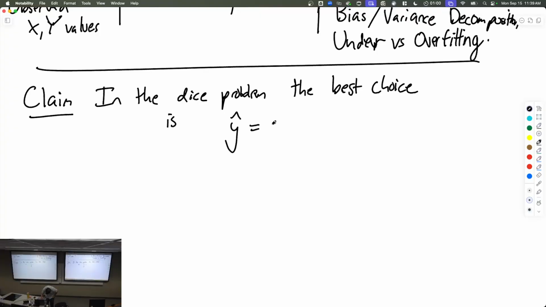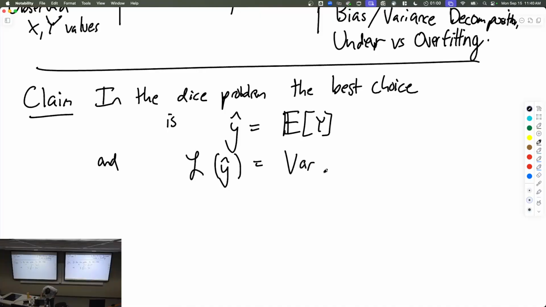You all knew it: y hat is the average value of the dice. And the loss function at this point is the variance of y. So what this is saying is the best thing you can do in the warm-up problem for today is exactly what you did. Guess the average of the dice. For a 6-sided dice, it was 3.5. And the amount you will pay on average is the variance of that dice.